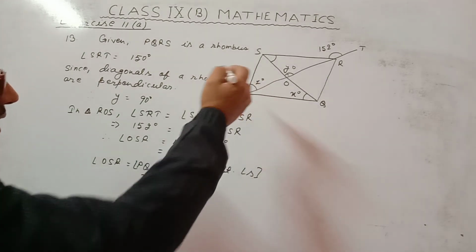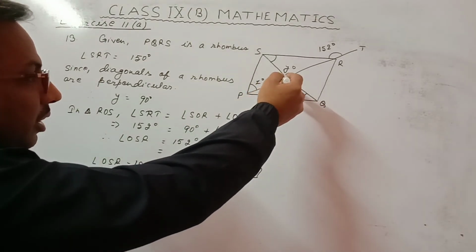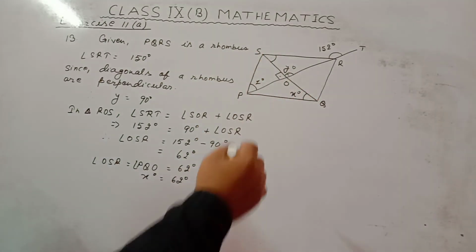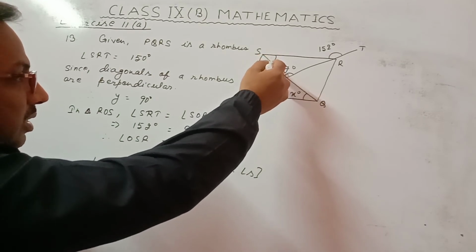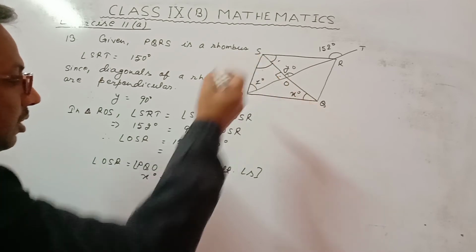Now this Z is left. For that, here this one is 90 degree, diagonals are perpendicular to each other, and diagonals bisect the angles. If this is 62 degree, then this is also 62 degree.